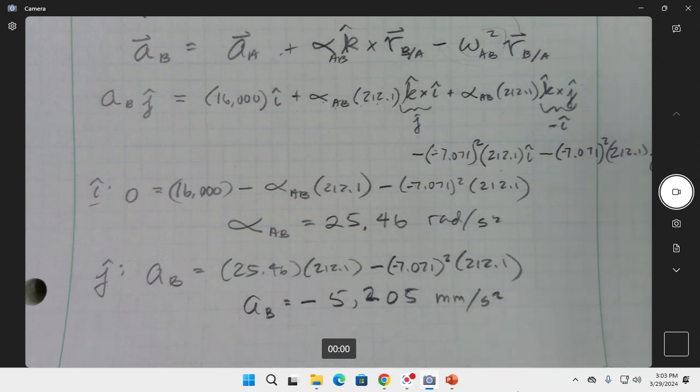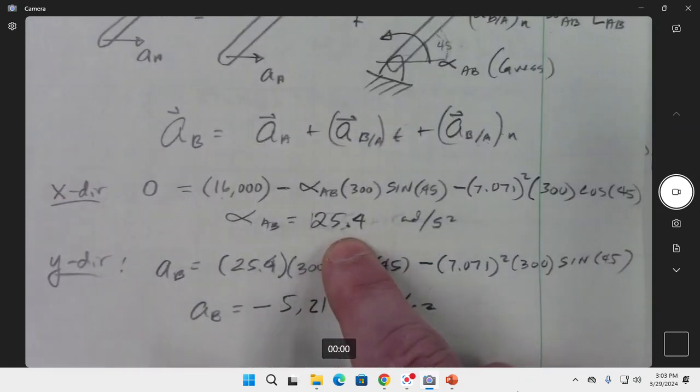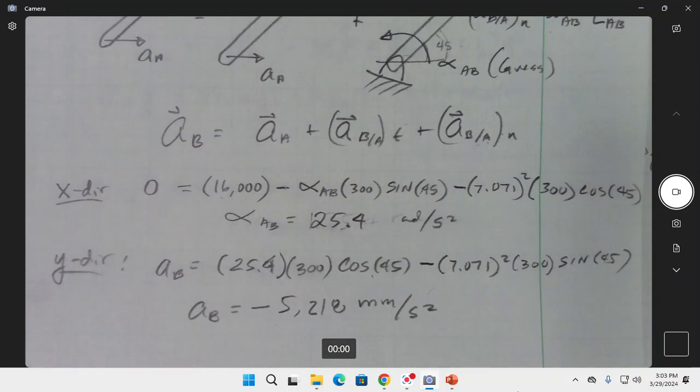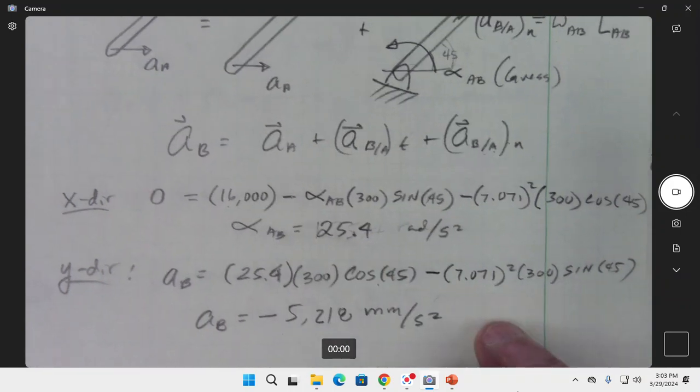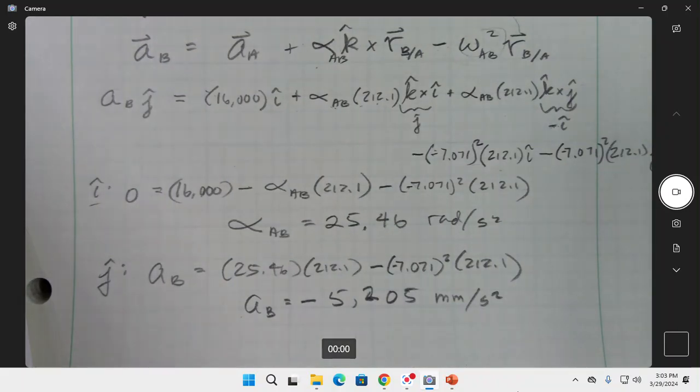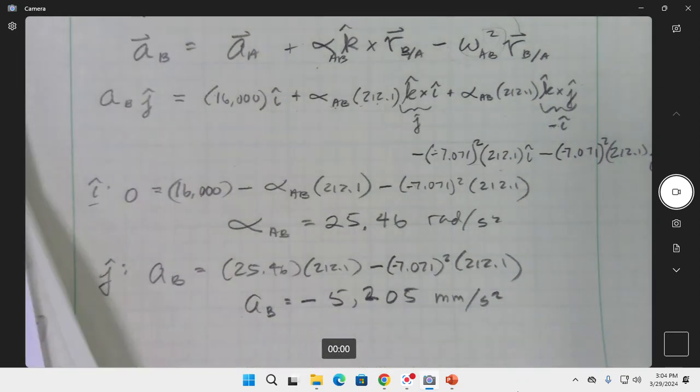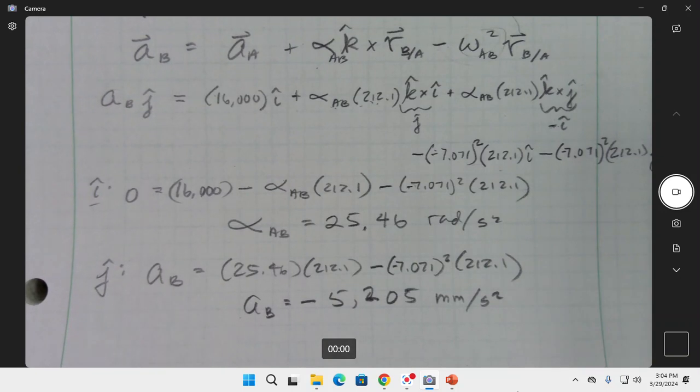I used 25.4 in this one. So I'm blaming you. Okay, well, maybe I dropped something along the way. I'm tired. Hopefully that helped to some extent. I don't know.